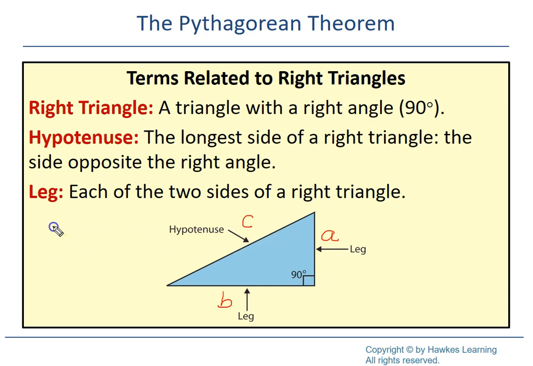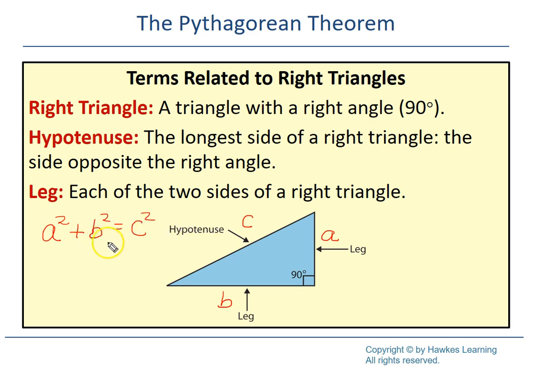So we then say A squared, if you square the length of this side, and square the length of your long leg, that is equal to the square of the hypotenuse. And there, in a shortened form, and you'll see this used throughout the rest of the slides, is the Pythagorean theorem.